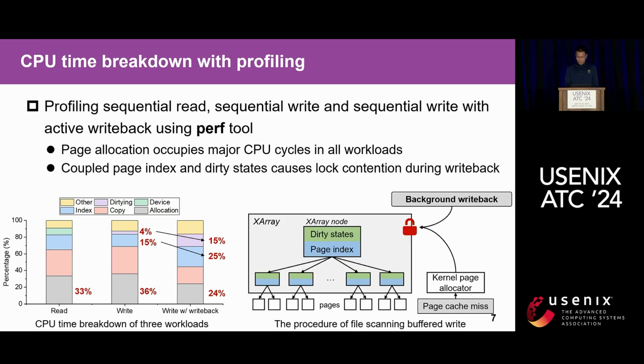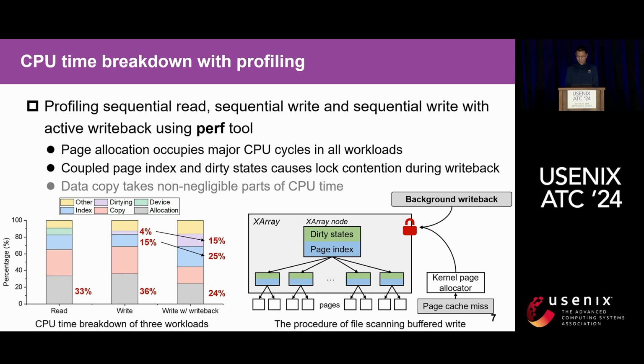File scanning has low data rewrite ratios, resulting in rapid growth of memory dirty ratios and triggering kernel writeback. The main issue is that the page cache index XArray simultaneously maintains the dirty states and the other states of cached pages. Therefore, both inserting a new page and modifying the dirty states need an exclusive lock on the XArray, resulting in intensive lock contention.